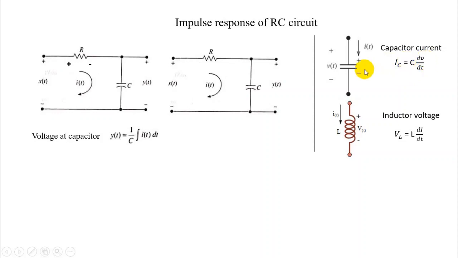So if we recall this law for the capacitor current or capacitor voltage, we can use it to get the voltage of the capacitor. Here it is y(t), so y(t) can be written as 1 divided by C times the integration of i(t) dt. I think it would be very easy for you.